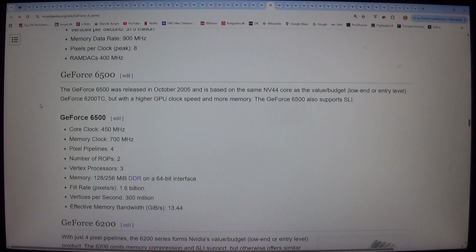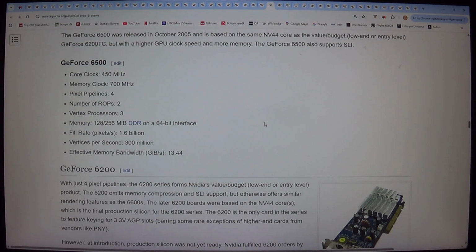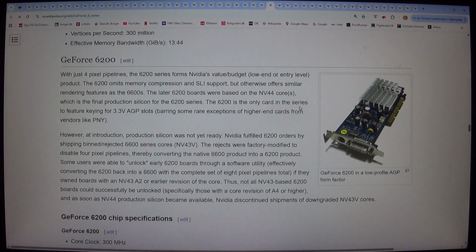Memory, 128/256 MB DDR on a 64-bit interface. 7. Fill rate, pixels/s, 1.6 billion. 8. Vertices per second, 300 million. 9. Effective memory bandwidth, GB/s, 13.44.